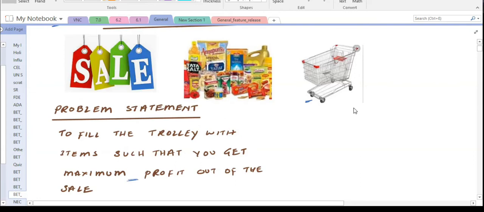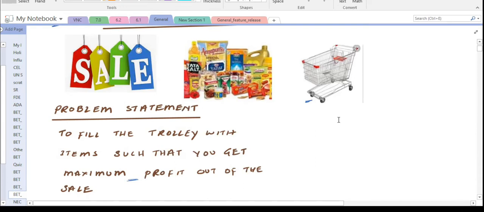Rafia? Yes, ma'am. Ma'am, can you repeat? Okay. Suppose you have won a prize, and you are led to go in a supermarket with an empty trolley, and your choice, you can pick anything and fill up the trolley. What will you do?